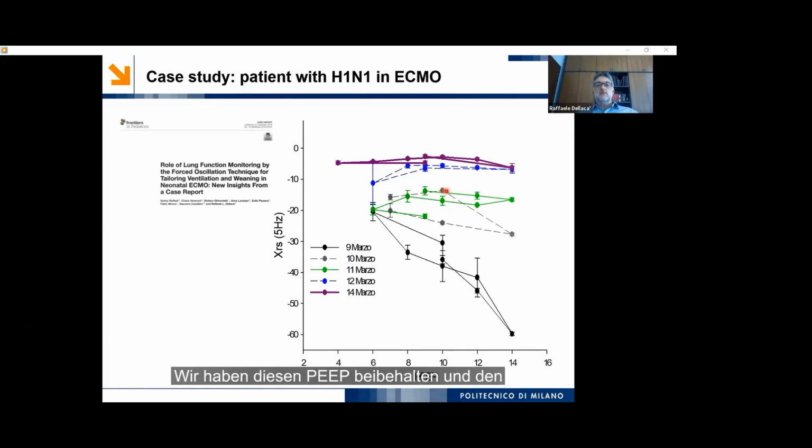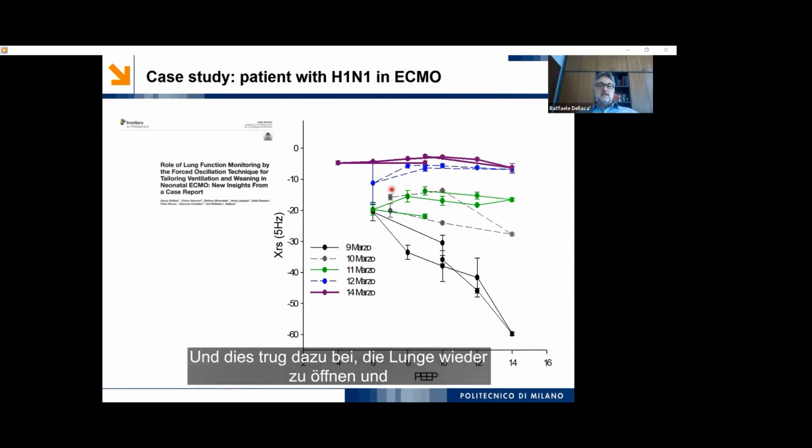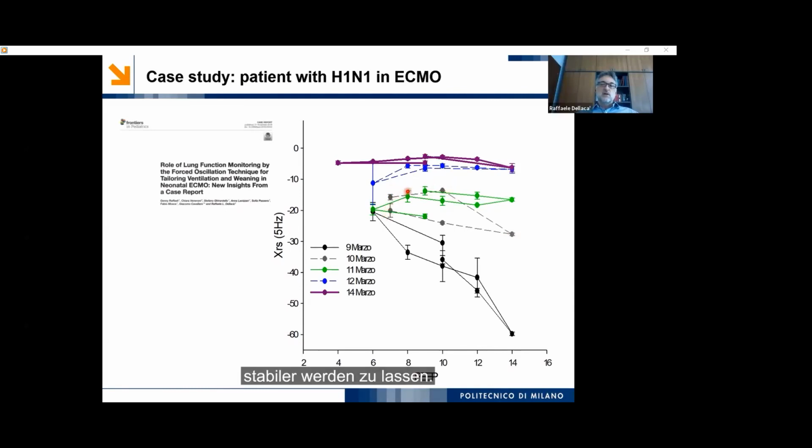So we kept this PEEP and we repeated tests in order to always provide the best PEEP, and this helped the lung to reopen and to get more stable.